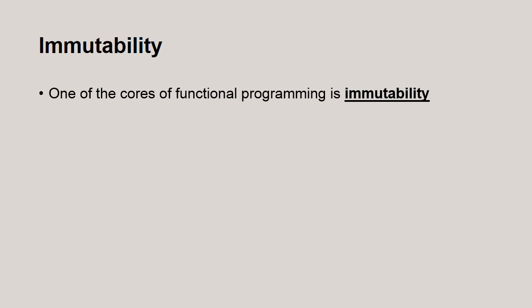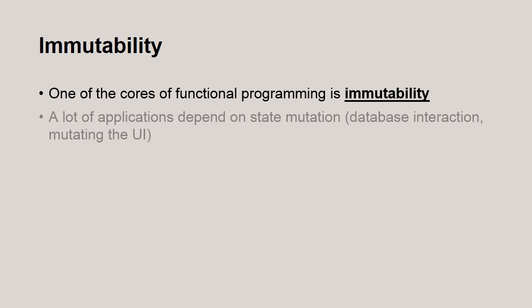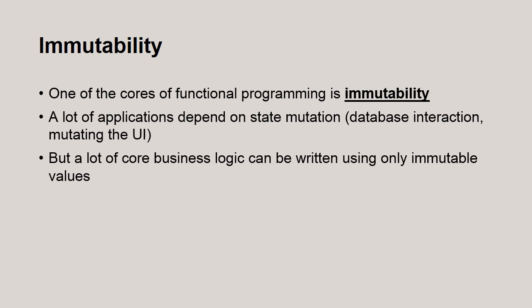Immutability can seem like an over-the-top constraint on your code, especially given that the result of most applications is the mutation of state. For example, interacting with a database or changing the properties of your user interface requires mutation. Much of the core business logic in your application can be written using immutable values, though.